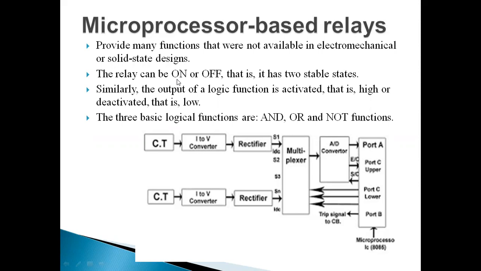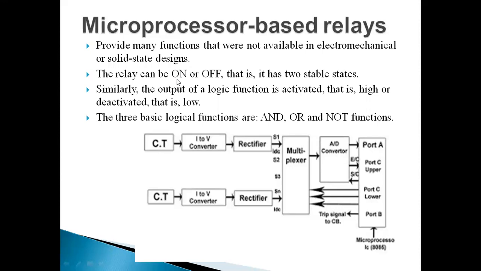If we take the example of the electromechanical relay, fast operation is not there, and they require more maintenance. So these are some drawbacks of the electromechanical relay. One more thing is that the microprocessor based relay is very compact as compared to the electromechanical relay.